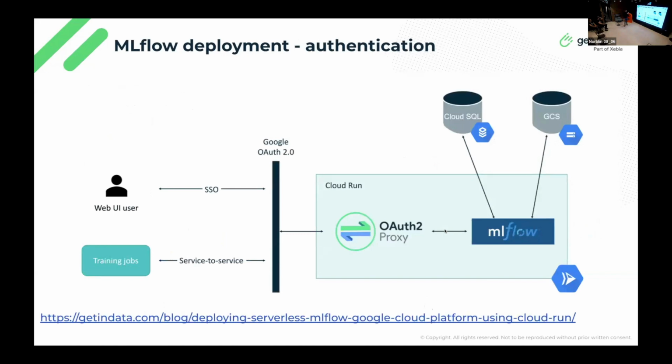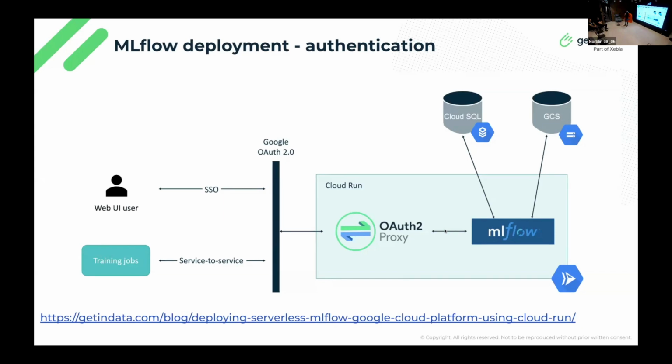Next thing related to authentication is that you need to know that MLflow is not that enterprise ready. So if your organization is using single sign-on, you will have to build something on your own, at least for now. Usually in our deployments, we use an OAuth proxy.